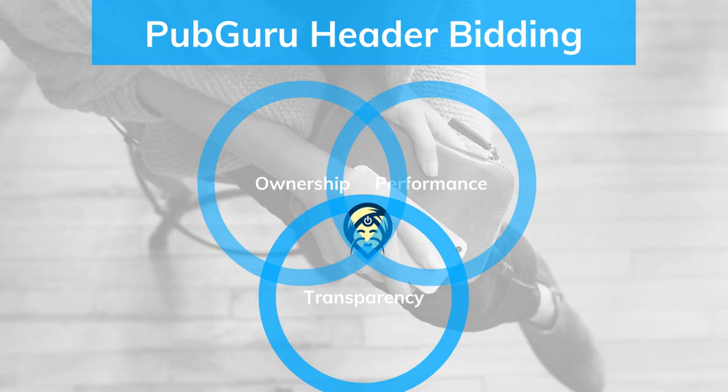So of the three aspects that I described, PubGuru offers all of it. PubGuru offers the complete ad inventory ownership where you can just plug in your ad server into PubGuru. No need to change any DNS settings. It offers full transparency.